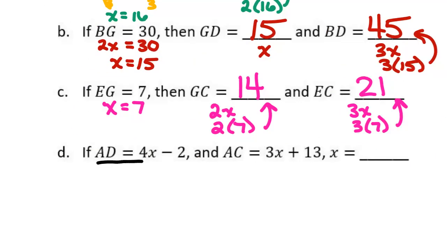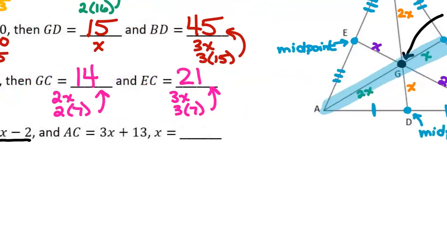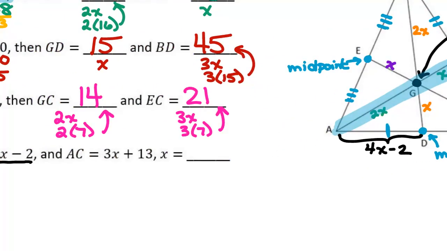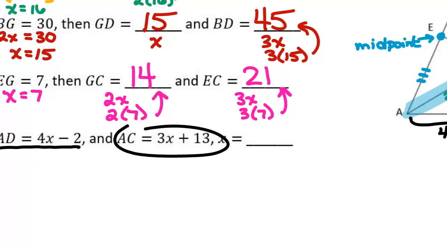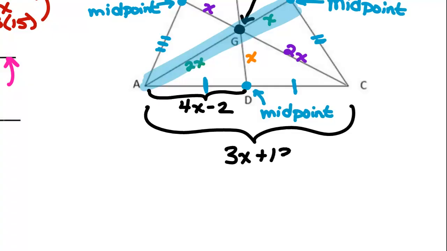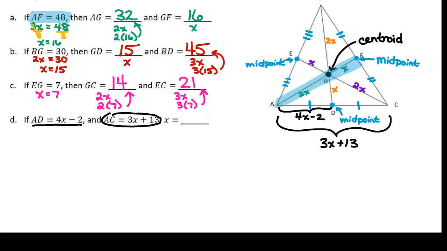It says that AD is 4X minus 2. That's this right here. 4X minus 2. And then it says that AC is 3X plus 13. That's this right here. 3X plus 13. D is the midpoint, right?